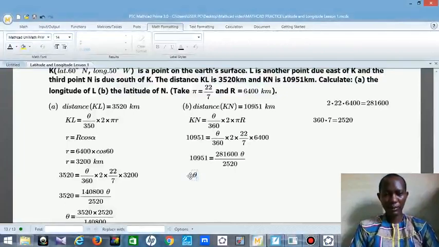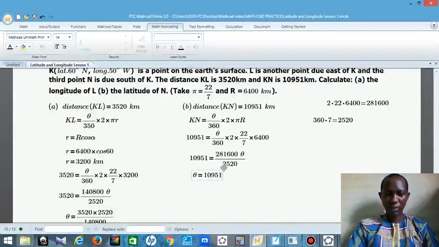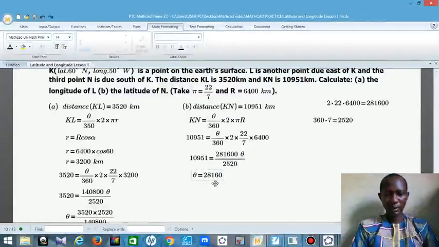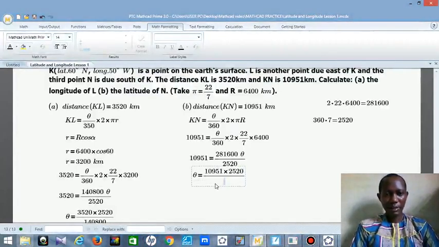So theta will now be equal to 10,951 multiplied by 2,520 when you cross multiply, then divided by 281,600.